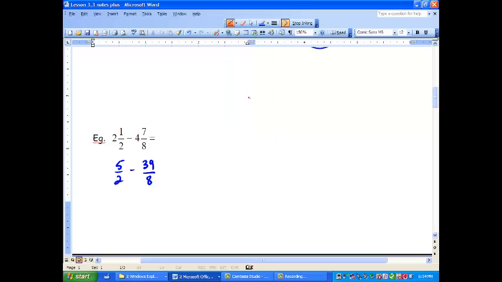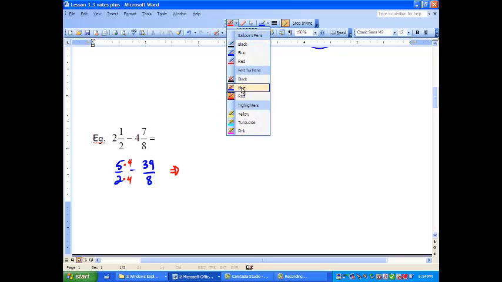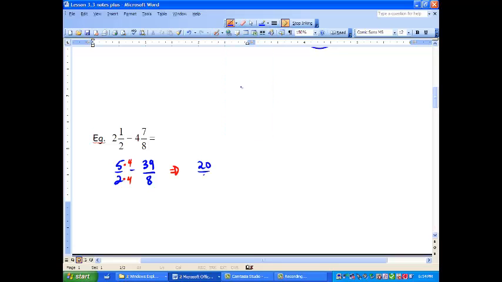And then we need a common denominator. Well, if we look at 2 and 8, we can use our 39 over 8, and we can just multiply this side by 4. Whatever we do to the bottom, we have to do to the top. And we get 20 over 8 minus 39 over 8. Well, we can add the opposite, so we get 20 over 8 plus negative 39 over 8.